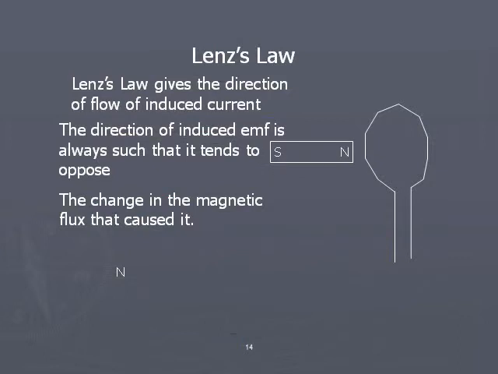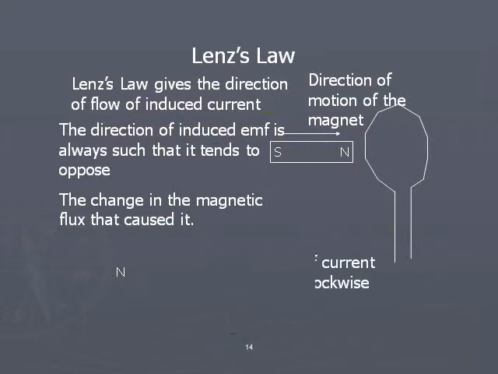Now let us try to understand this law. Let us take a circular coil and a magnet. The magnet is placed towards the coil, the north pole of the magnet facing towards the coil, and suppose this magnet is moved towards the coil.